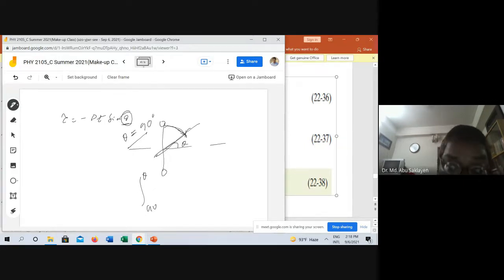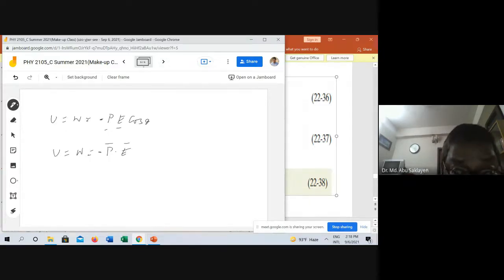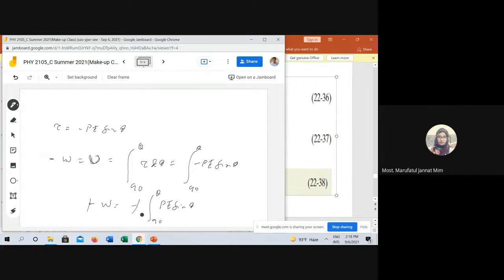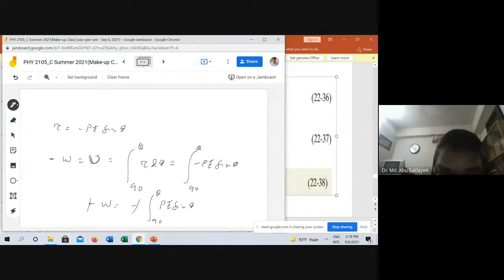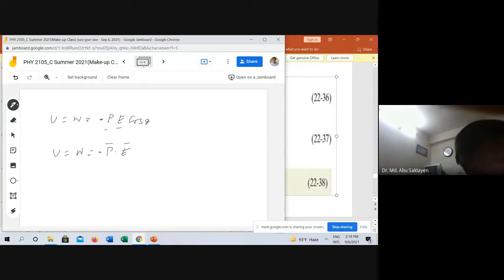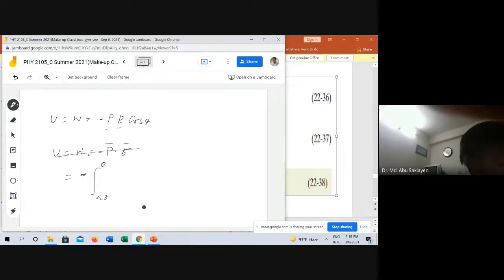Now you integrate, what will you get? P is constant, E also constant. So take pE outside the integration from 90 to theta, and it is sin theta. So what will you get?